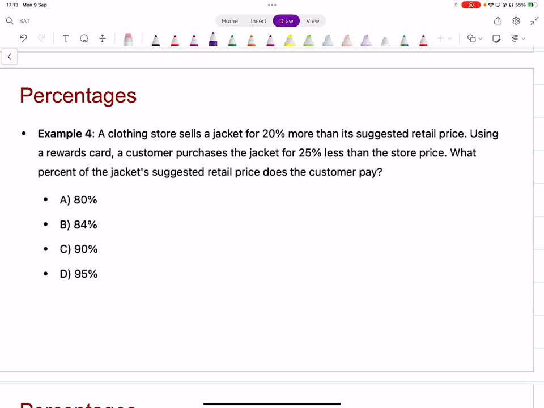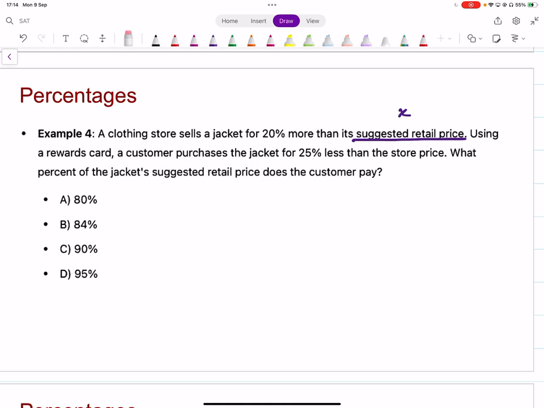How do you think of it? We can start from this, right? This is the reference point, the suggested retail price. Eventually, we want to find the final result as a percentage of this, right? Percentage of the suggested retail price.